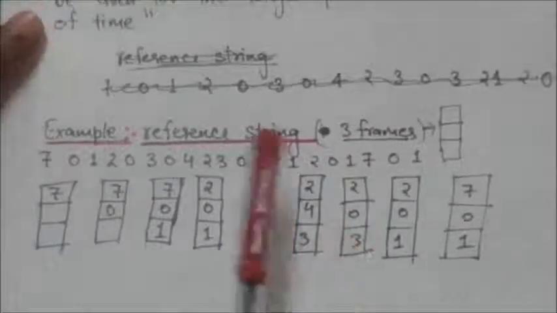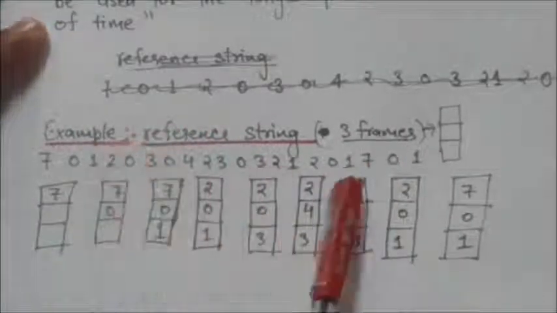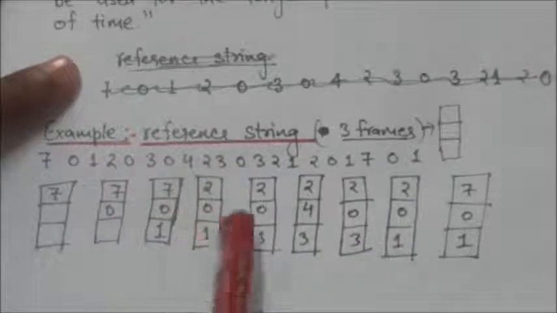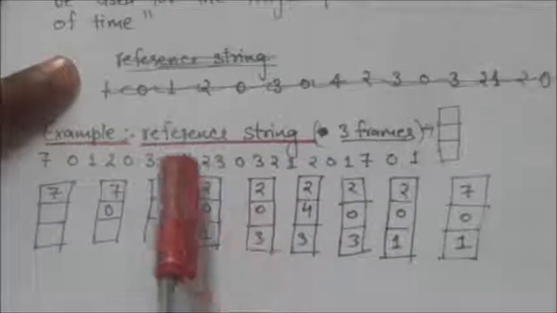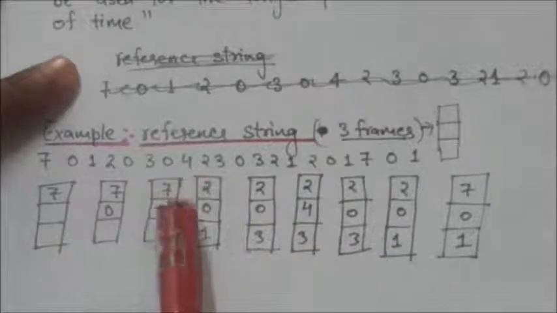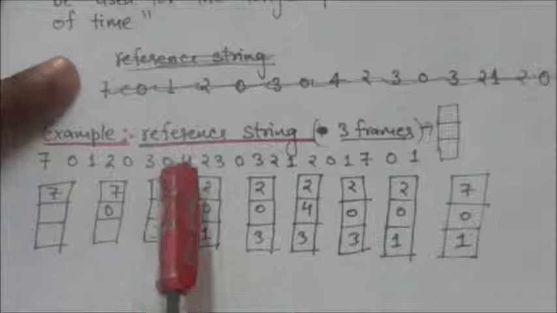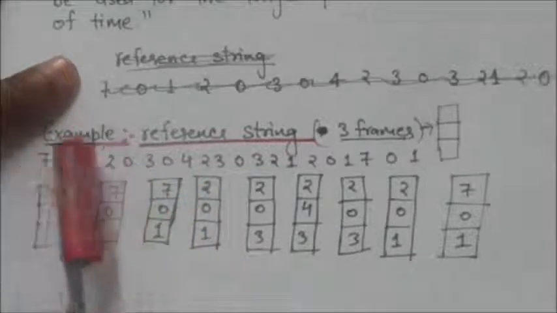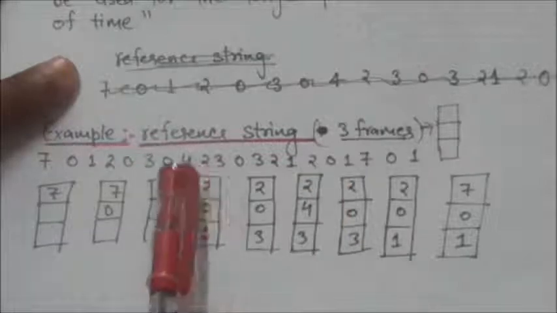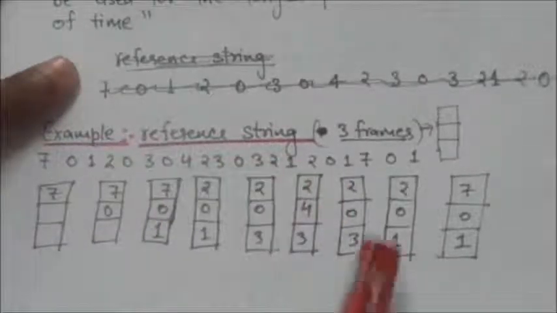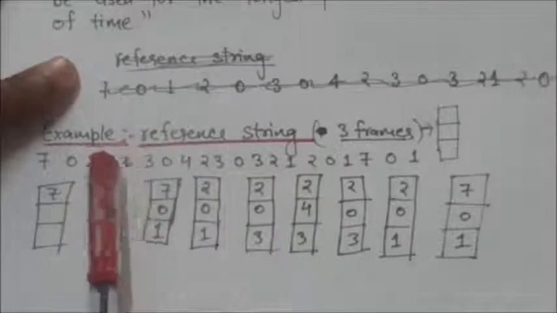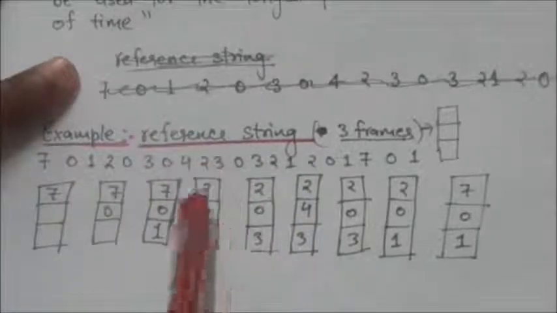So by analyzing this reference string, you can see that page number 7 will not be used for the longest period of time among these 3 pages, 7, 0 and 1, right? So we will replace page number 7, and page number 2 has been brought in main memory.